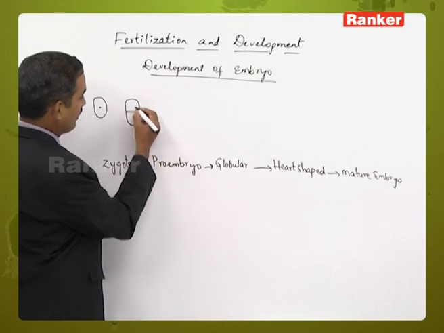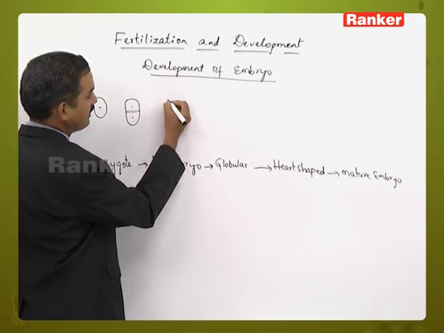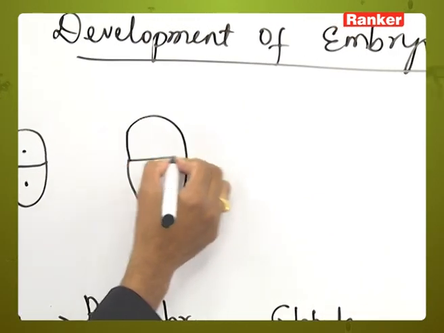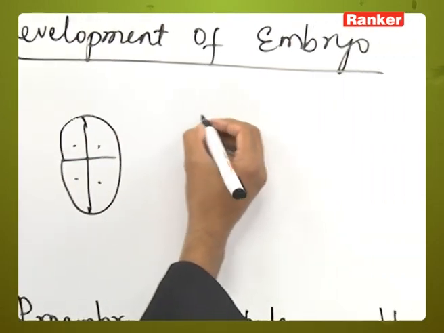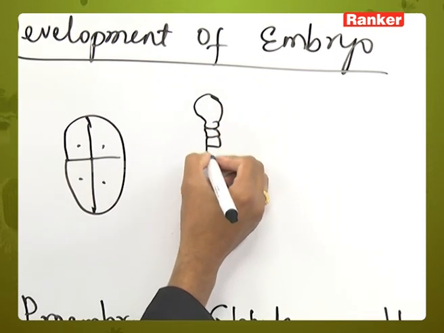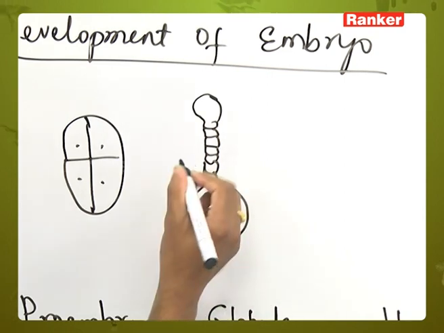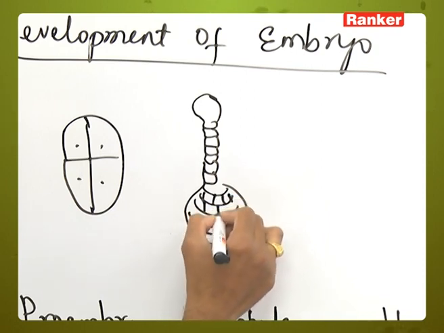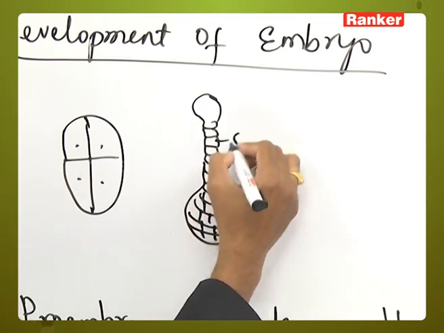So in this process, the two cell structure will be formed, and gradually it will be converted into a small structure, and from this one, by repeated divisions, it will be converted into a small globular structure like this, which contains the suspensor.